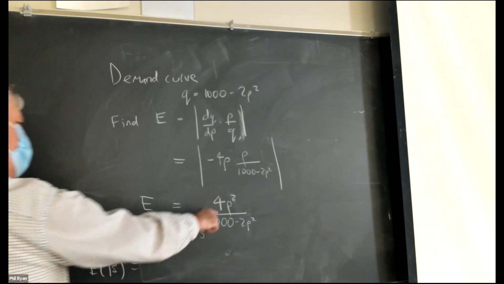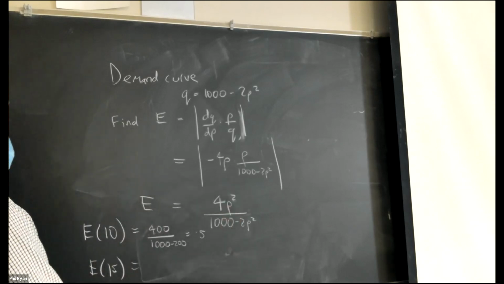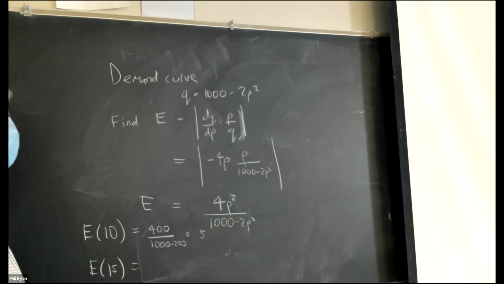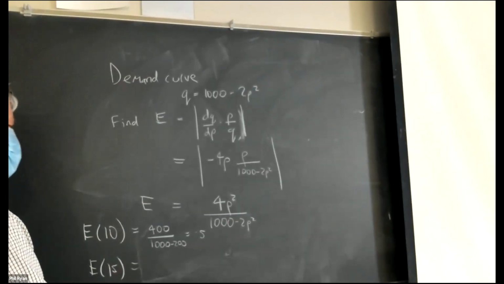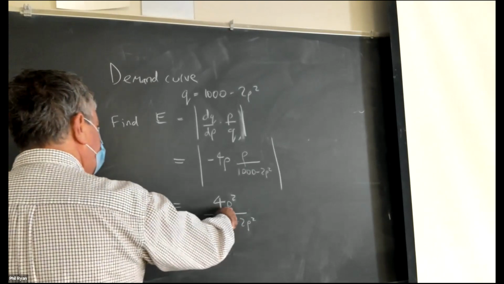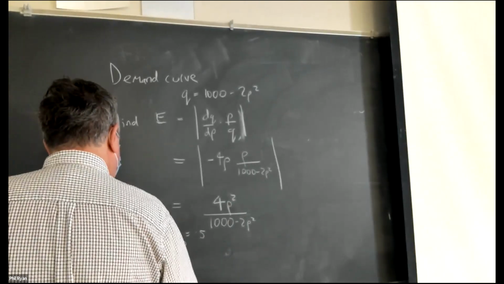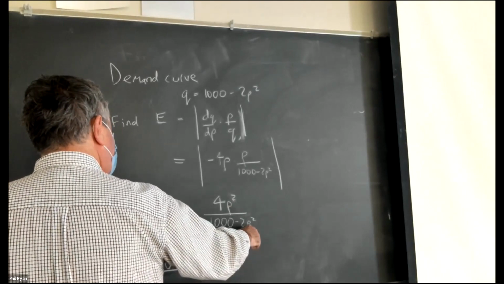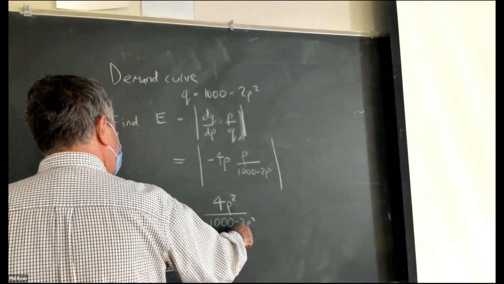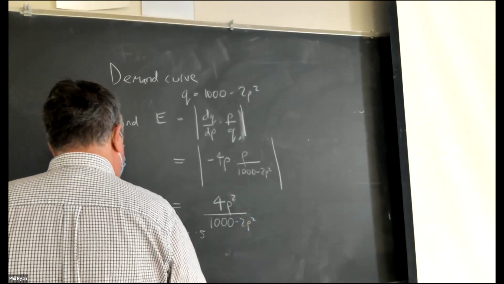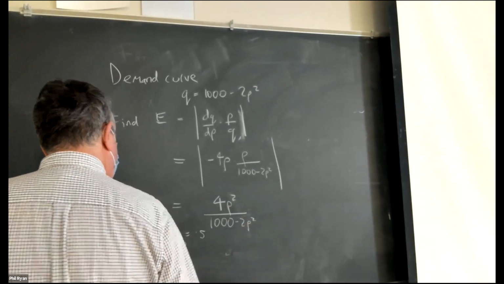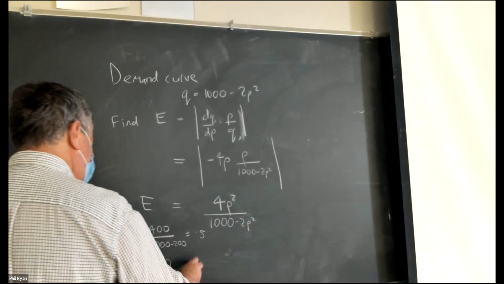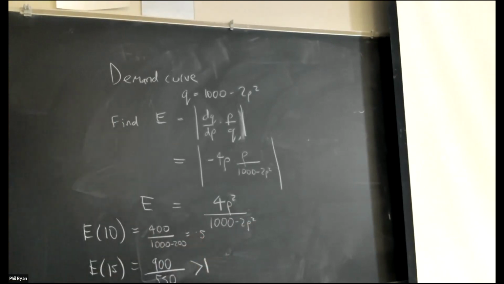Again, I put it in. 15 squared is 225, I believe. 225 times 4 is 900. 225 times 2 is 450, over 550. It's some quantity bigger than 1.